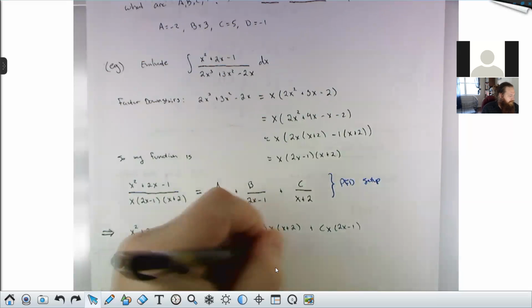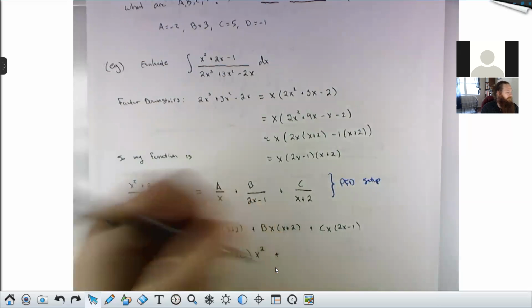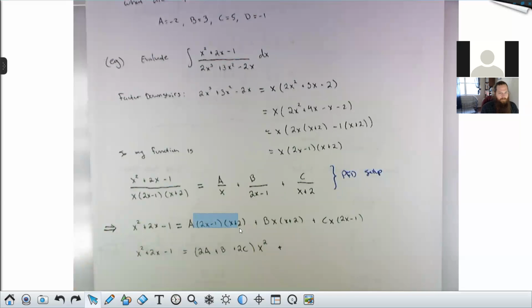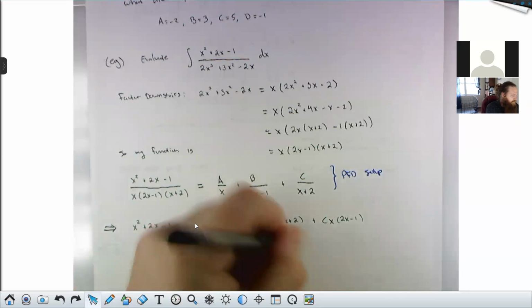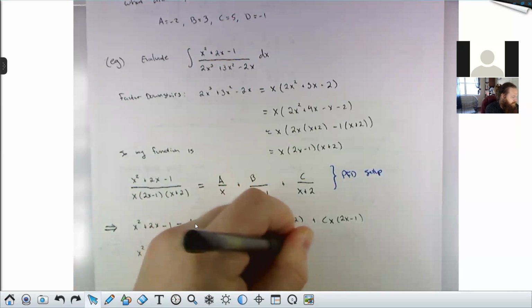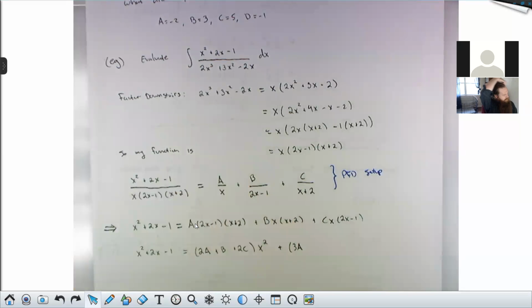Now we do the same thing for the x's, and then for the constants. What x's am I going to get out of this? Well, 2 times 2x, that's 4x, minus 1x, that's 3x, right? So I'm going to have a 3ax, which means the contribution to the x coefficient from that piece is 3a.